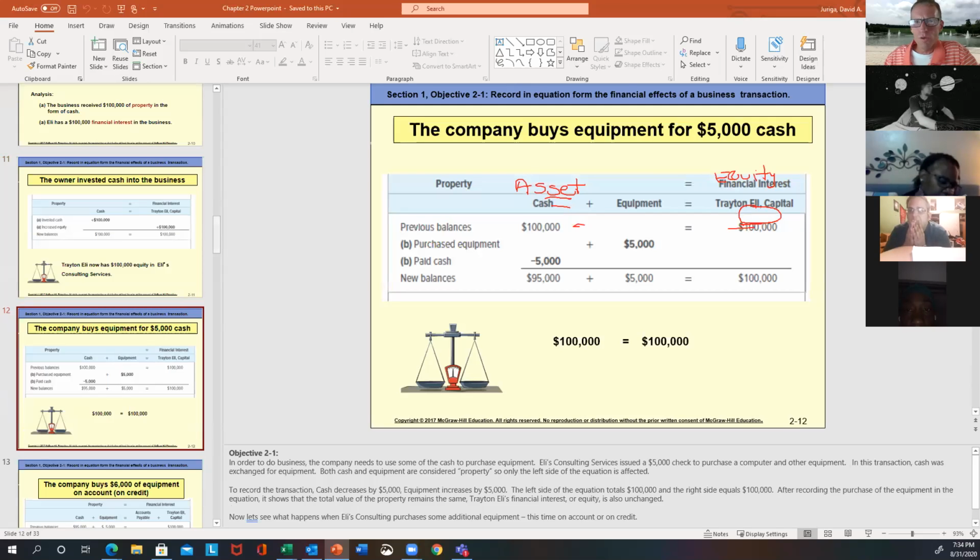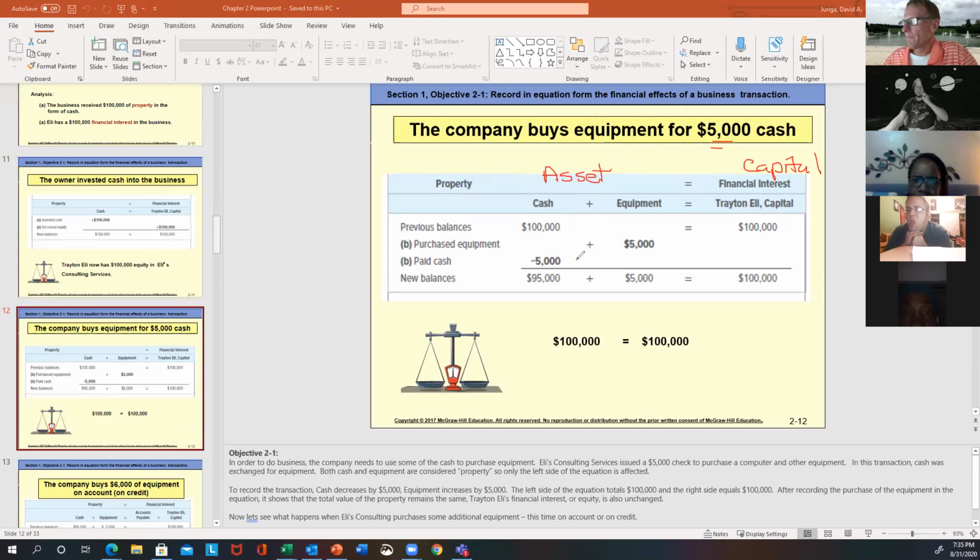So under the next one, you'll notice that it says the company buys equipment for $5,000 cash. And keep in mind, equipment and cash are both assets. So I'm going to go ahead and write asset up here. And of course, here is your capital account. But in this situation, the only 2 items that are affected essentially are 2 assets.